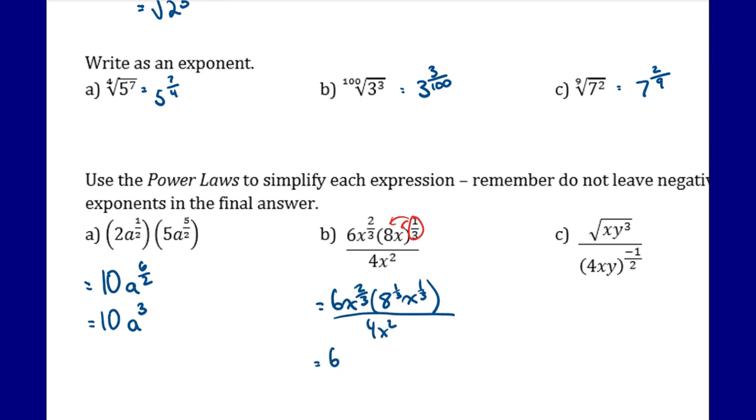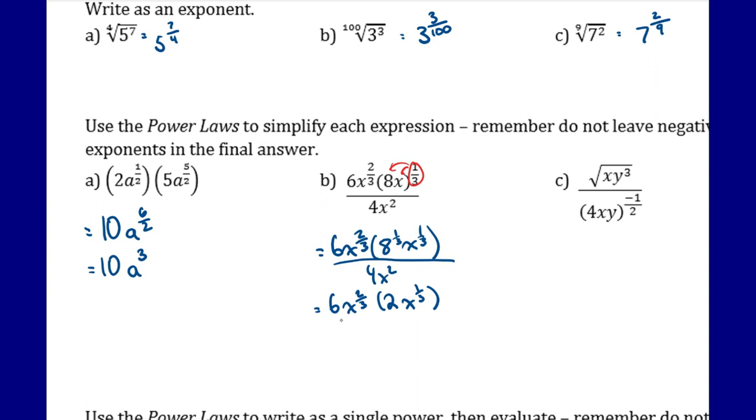I can actually simplify the top even further, because 8 to the power of 1/3, or the cube root of 8, is 2. So this is actually 2x to the power of 1/3, all divided by 4x squared.